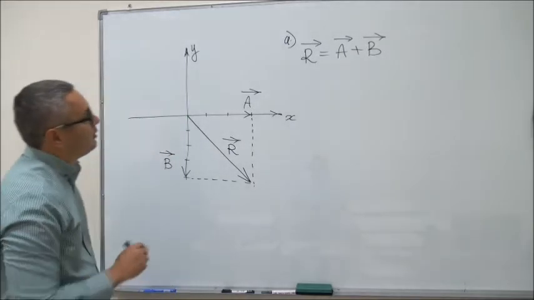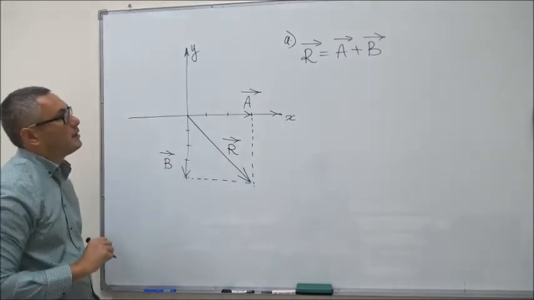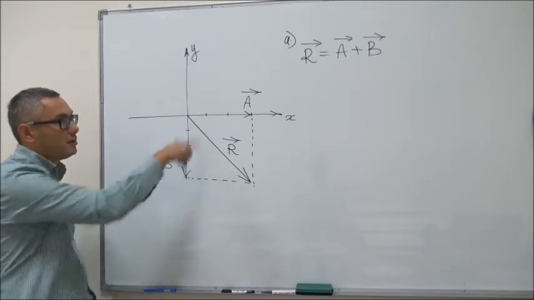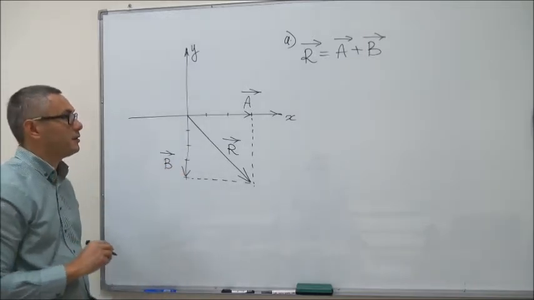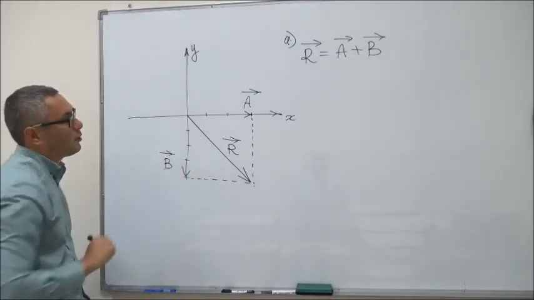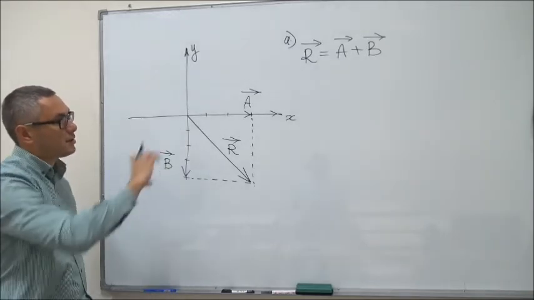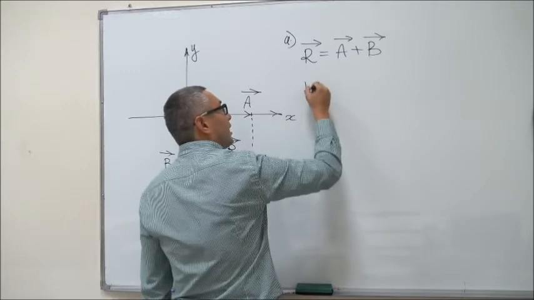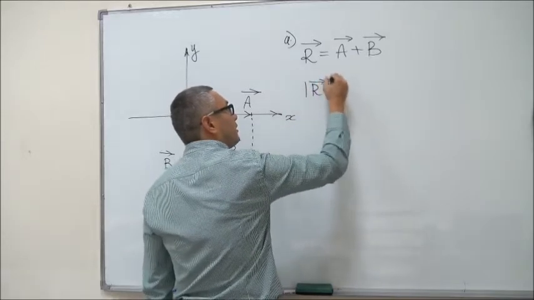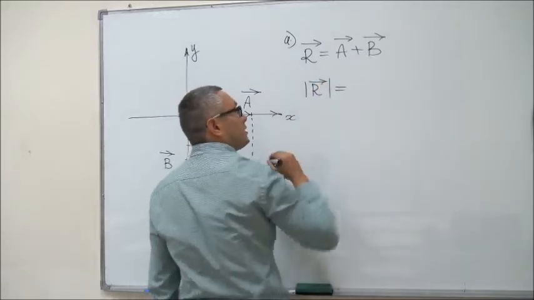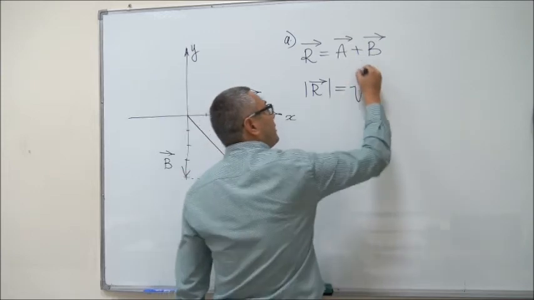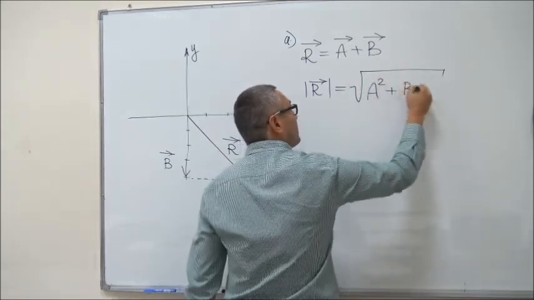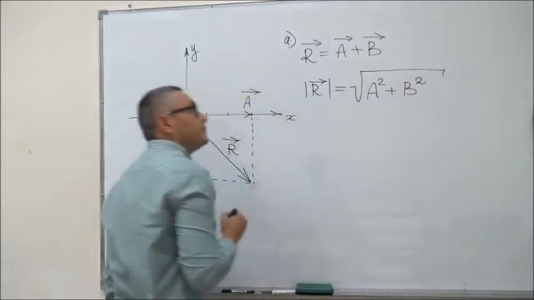Now, just by looking at this rectangle, you can see that we can use the standard Pythagorean theorem. So R squared is equal to the length of A squared plus B squared, which means that the magnitude of the resultant vector would be the square root of A squared plus B squared.